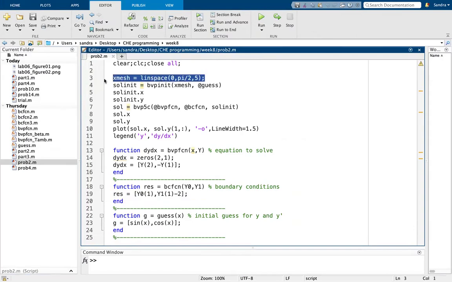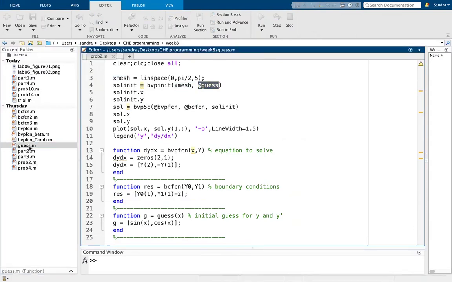That is what linspace is doing. Now I'm initializing the solution initial values using bvpinit, which is an inbuilt MATLAB function. For each of these grid points, my initial value should be given by guess. So guess is what we have already seen earlier.